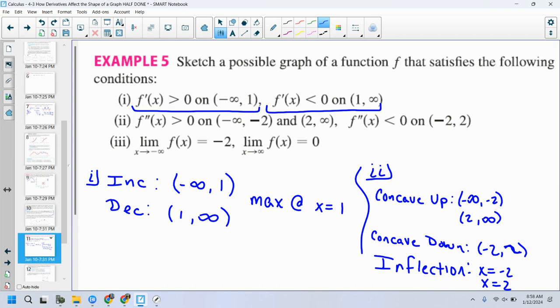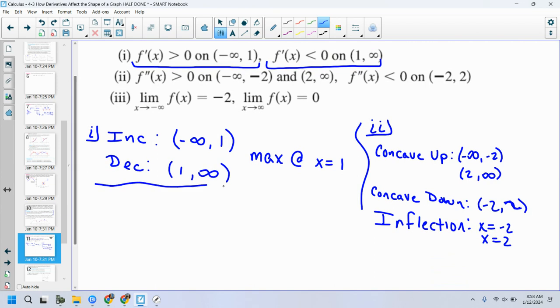Okay, I believe I've exhausted the second bullet point. Now, bullet point number 3. That's a throwback here. The limit as x goes to -infinity is -2. The limit as x goes to +infinity is 0. What's this telling me here?